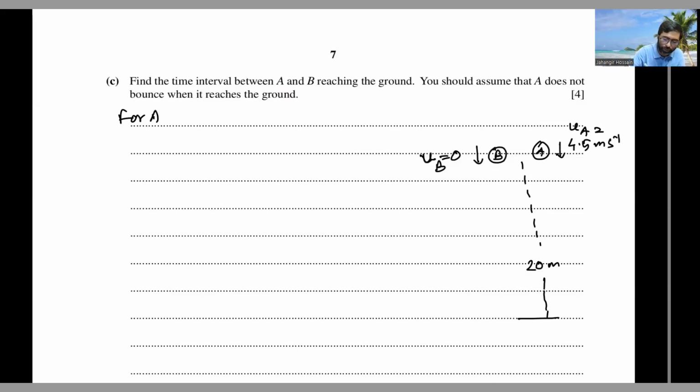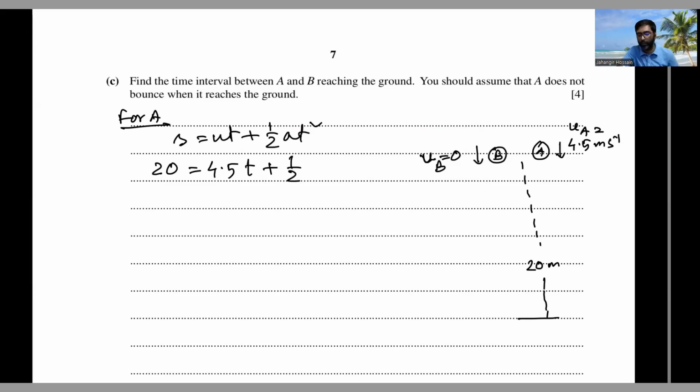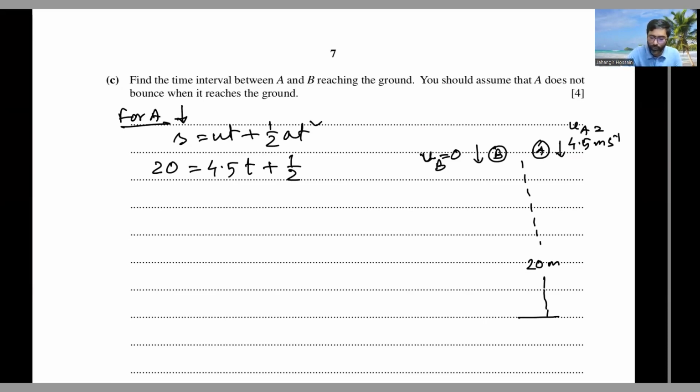For A, we apply S equals UT plus half AT squared: S is 20, U is 4.5, and T, and acceleration. What about acceleration? Will you consider positive or negative? Since the particle is moving downward, initial velocity downward, displacement downward, everything downward, the acceleration should also be downward.